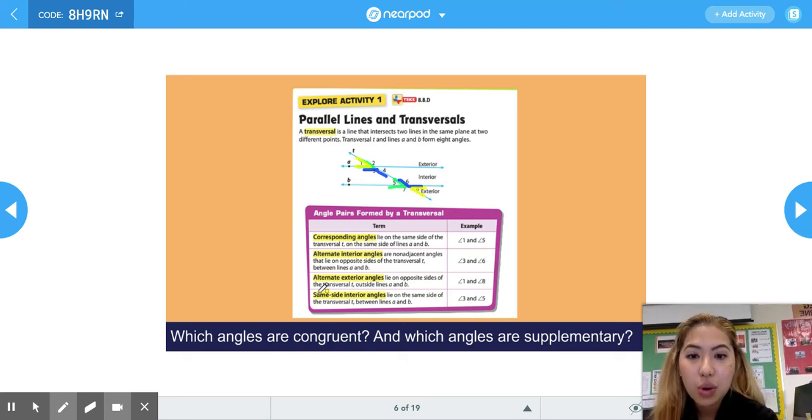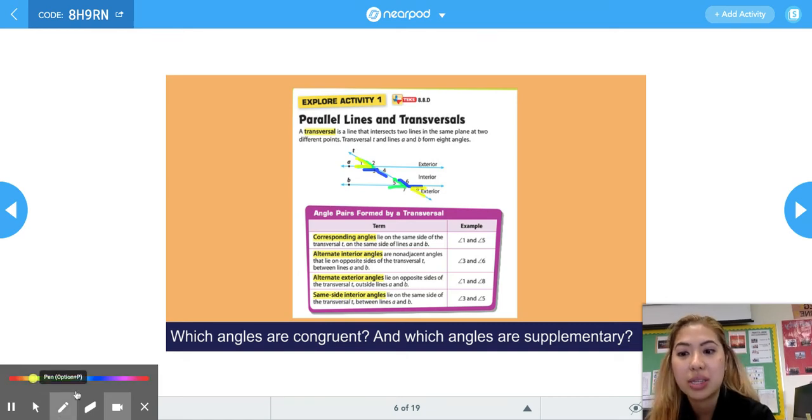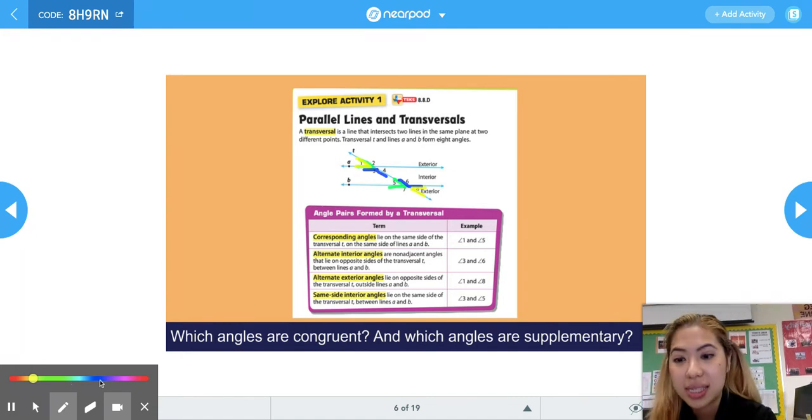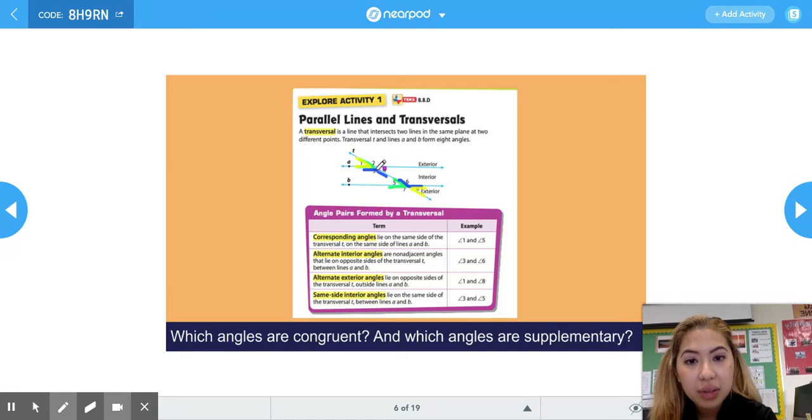And then the last vocab word is same side interior angles, and they lie on the same side of the transversal. So now we're talking about the same side and not alternate or opposite sides. An example of that is angle 3 and angle 5. So angle 3 right here and angle 5 right here.